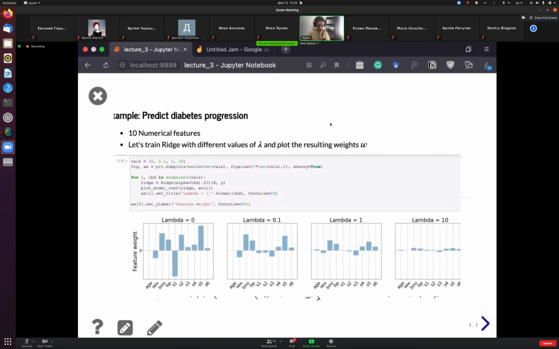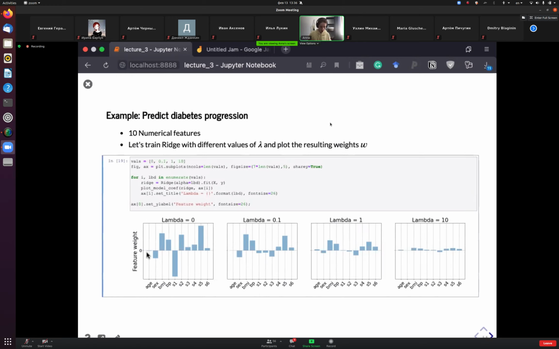So let's return to our example to see how shrinkage happens and what it means for us. We used to have our initial model with lambda equal to 0. It was here. We can see the values of all the coefficients. They are almost all non-zero except for h, which seems to be a very useless feature.